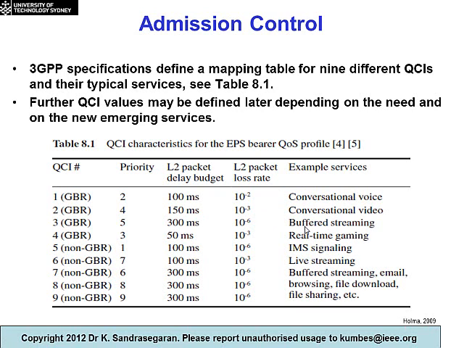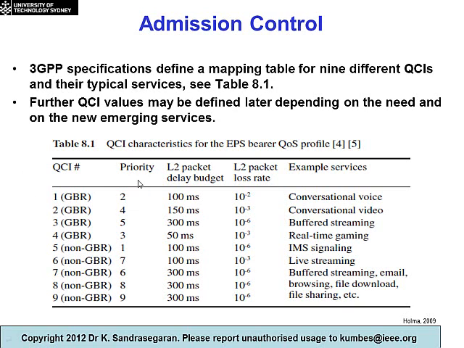It specifies the 9 different quality of service class indicators starting from 1 to 9. We saw that the first 4 are for guaranteed bitrate, and the last 5 are for non-GBR.